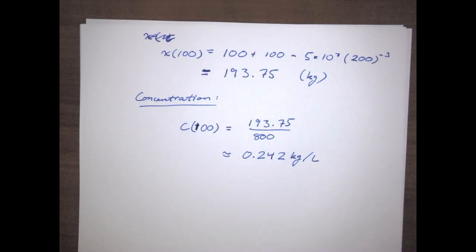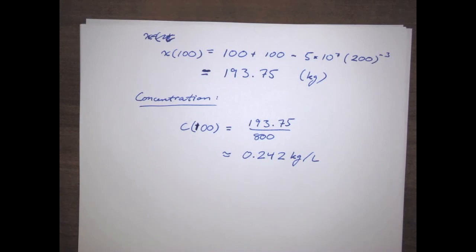So there's that. Notice that that's a number that makes sense because it's pretty close to what the concentration of the inflow was. And since we're talking about a relatively long period of time, what that means is that the overall concentration is more or less going to end up leveling off at the concentration of what the inflow was.